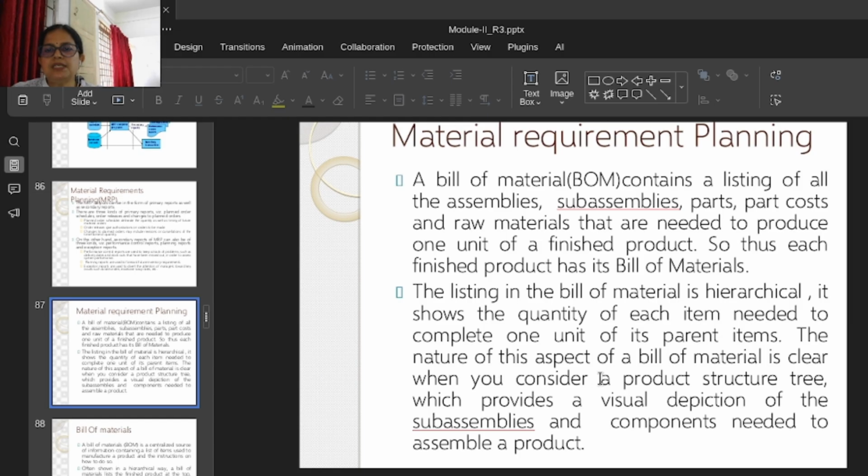The nature of this aspect of bill of material is clear when you consider a product structure tree. It looks like a hierarchical tree-like structure. So, it is a visual depiction of the sub-assemblies and components needed to assemble a product.